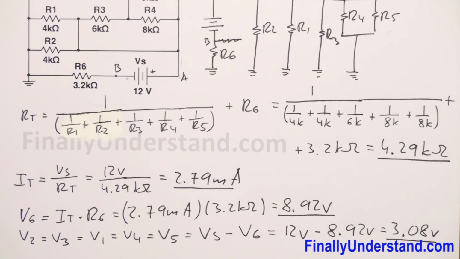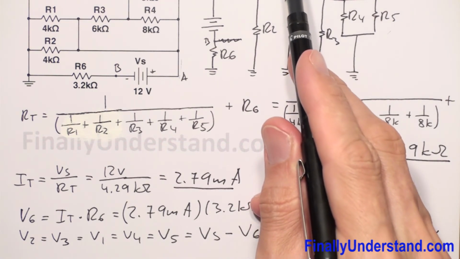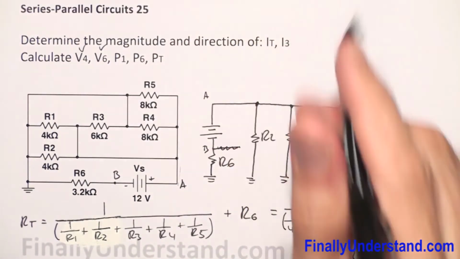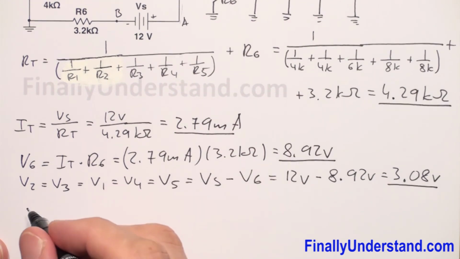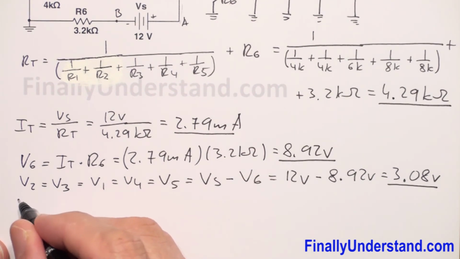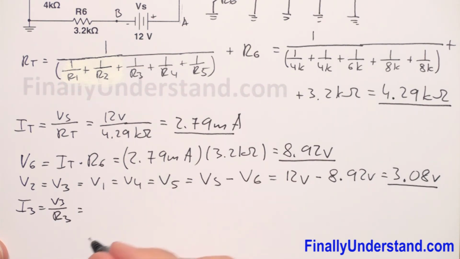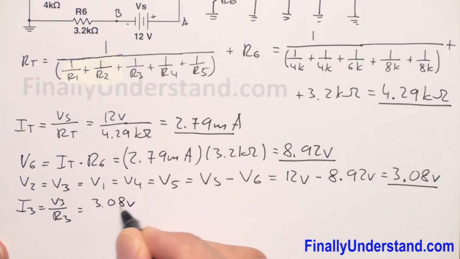So next we're supposed to find I3. In order to find I3, I'm going to simply use Ohm's law. I3 is equal to V3 over R3. V3 equals 3.08 volts over R3, which is 6 kilo ohms.